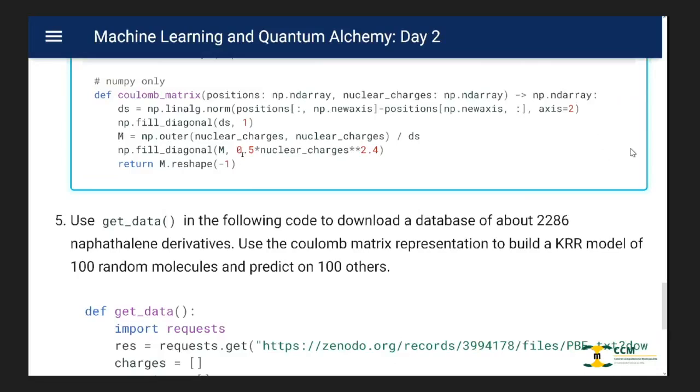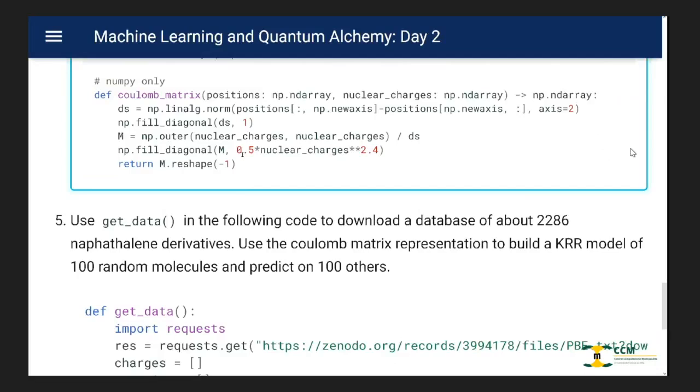And that turns the argument of the norm into an array that has, in this case 18, but in general n by n by 3 entries, a 3-tensor.